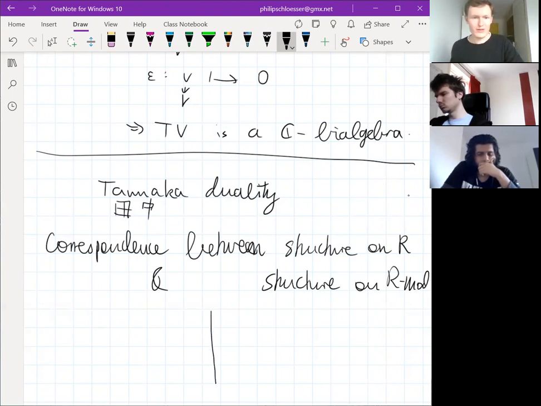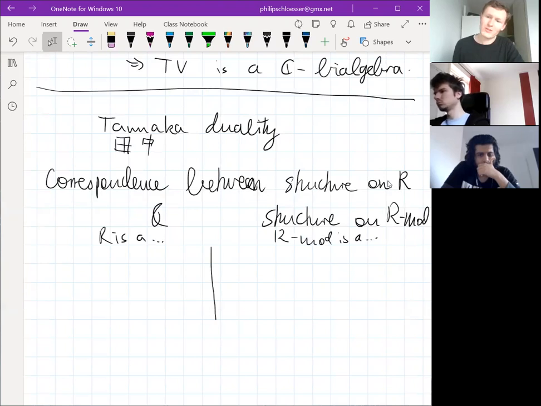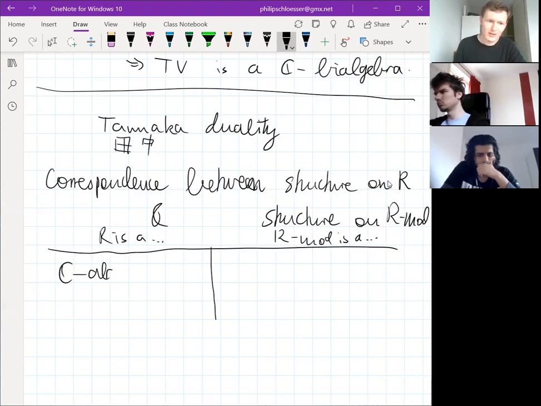So if we have this nice table, R is a ... and R mod is a ... then we have already seen that if R is a C algebra, then R mod is an abelian category.